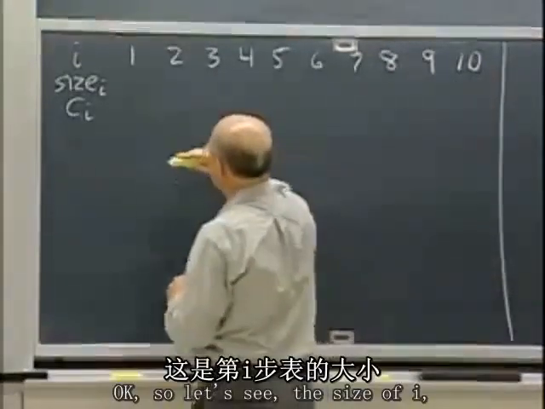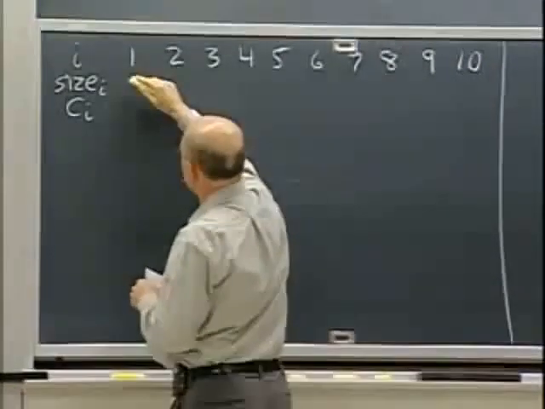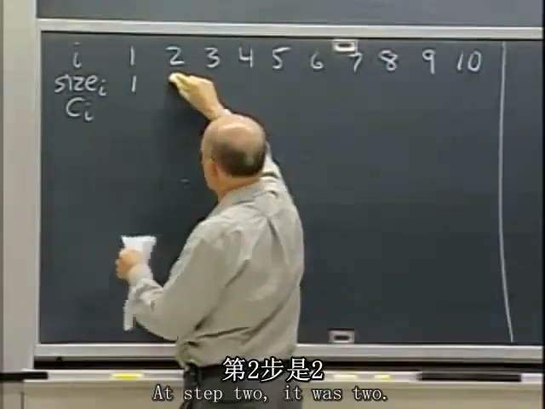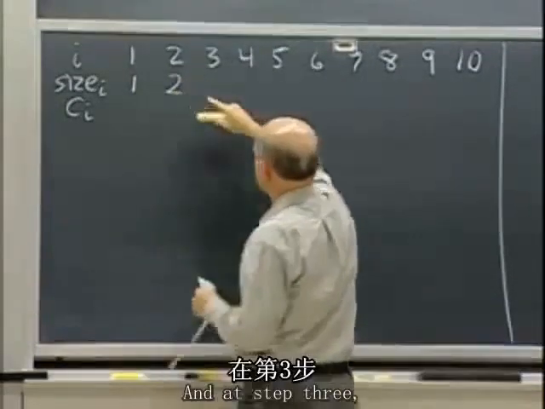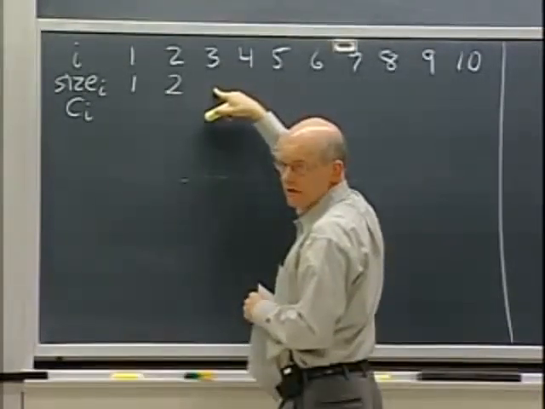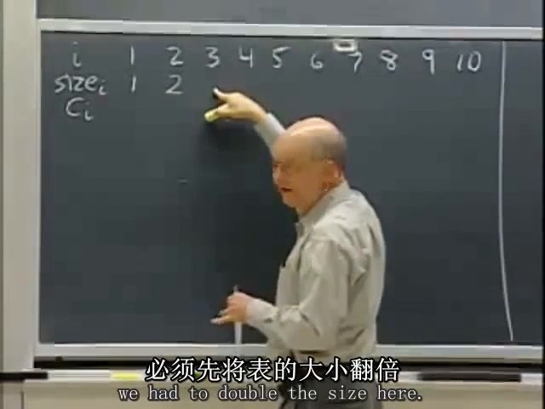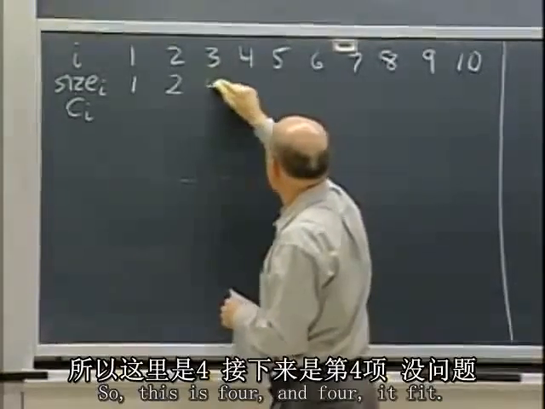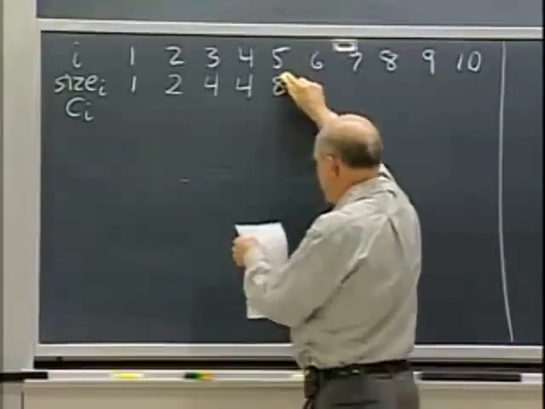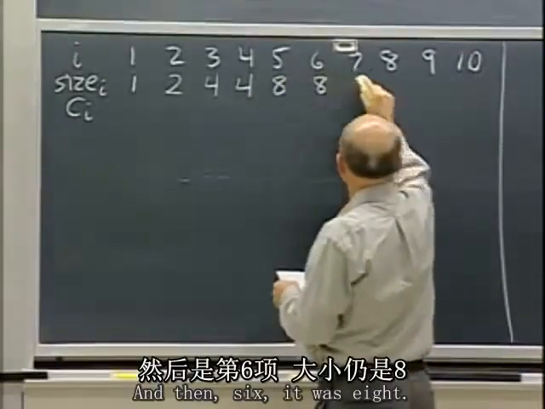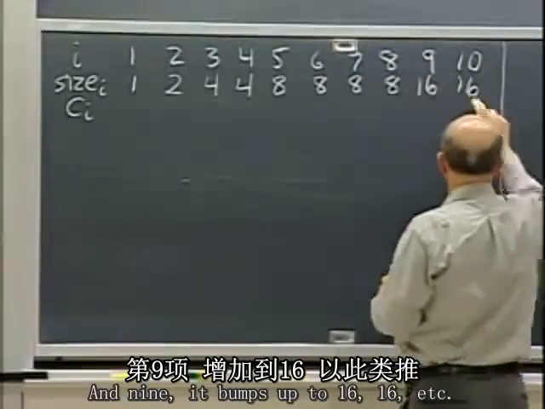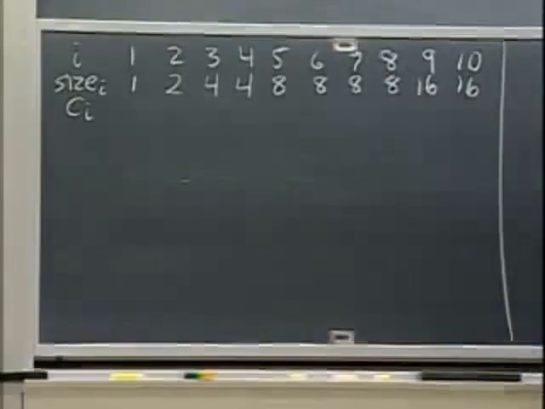At step 1 the size was 1, at step 2 it was 2, and at step 3, to get 3 in the table, we had to double the size, so this is 4. Then 4 fit, and at 5 it had to bump up to 8. Then 6, 7, and 8 it was 8, and 9 it bumps up to 16, 16, etc. Okay, so that's the size.